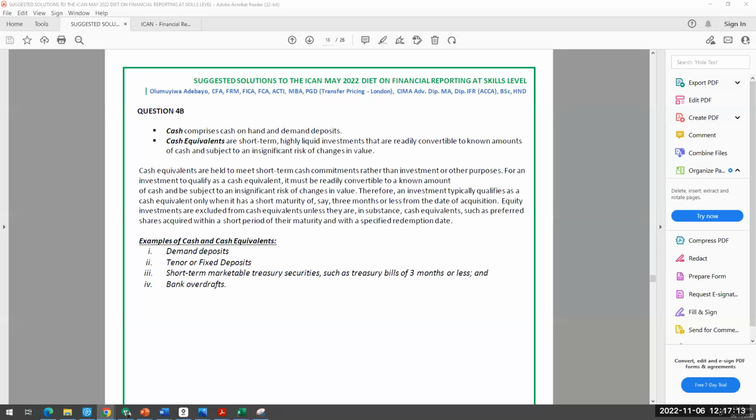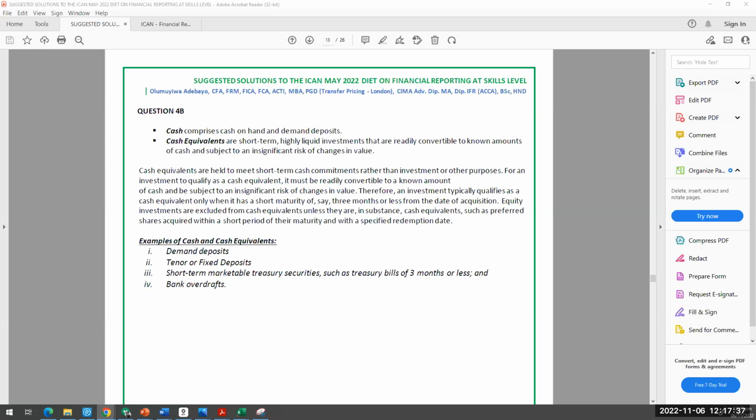Cash comprises cash on hand and demand deposits. Cash equivalents are short-term, highly liquid investments that are readily convertible to known amounts of cash and subject to an insignificant risk of changes in value.